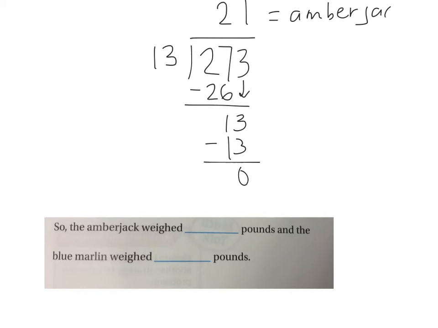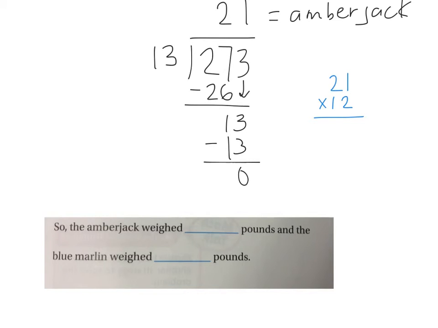And how do I find the weight of the blue marlin? I'll use blue for blue marlin. Matthew? Multiply it by 12. The blue marlin weighs 12 times as much as the amberjack. Yeah, because we know that the blue marlin weighs 12 times as much as the amberjack, and now we know the amberjack weighs 21 pounds, we can find out the weight of the blue marlin by doing 21 times 12.